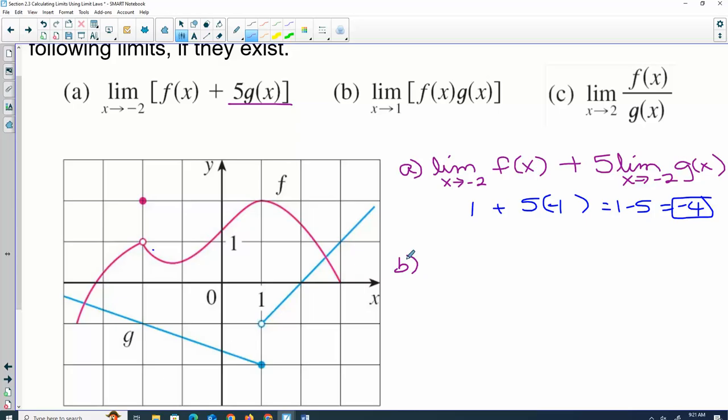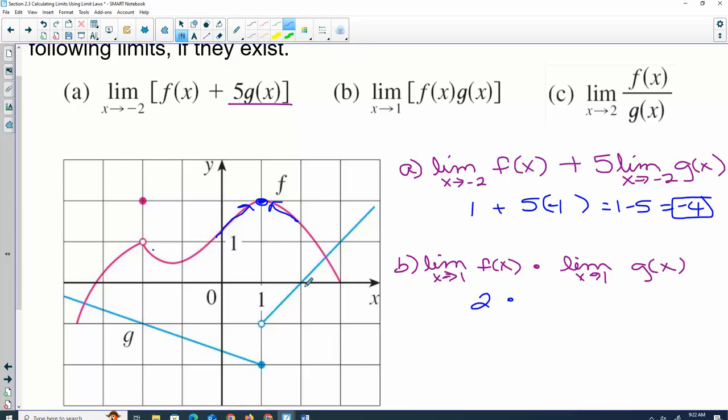How would I do b? I have to do the limit of f, multiply that with the limit of g. All right, we've already said it's not negative 2 this time, is it? It's 1. Write that down correctly. All right, so on function f, as my x is getting closer to 1, what's our y approaching? 2.